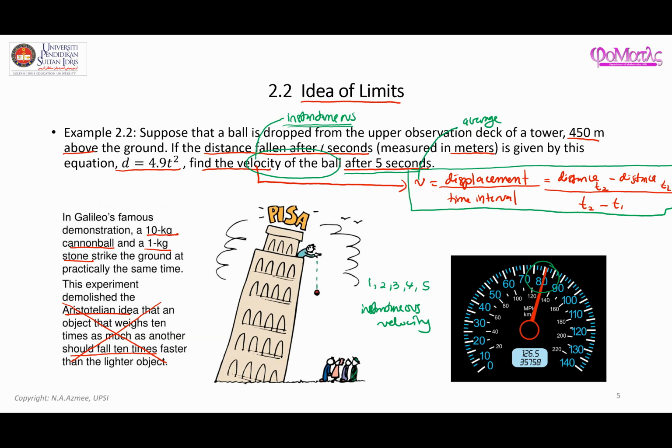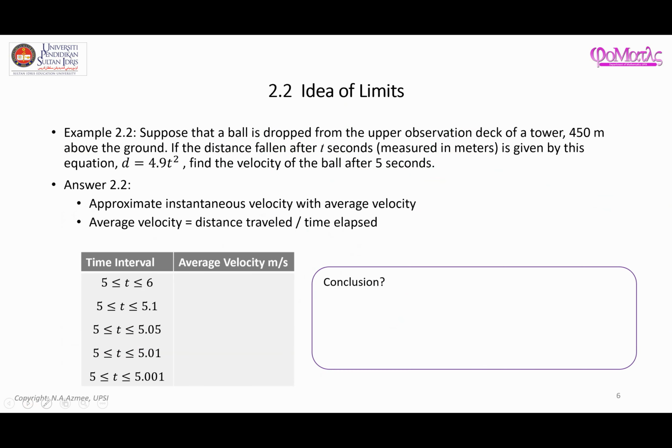So what we are going to do is approximate, we're going to estimate what we don't know, which is the instantaneous velocity. We are going to use the knowledge that we have, which is that we can calculate the average velocity, in order to approximate what we don't know.